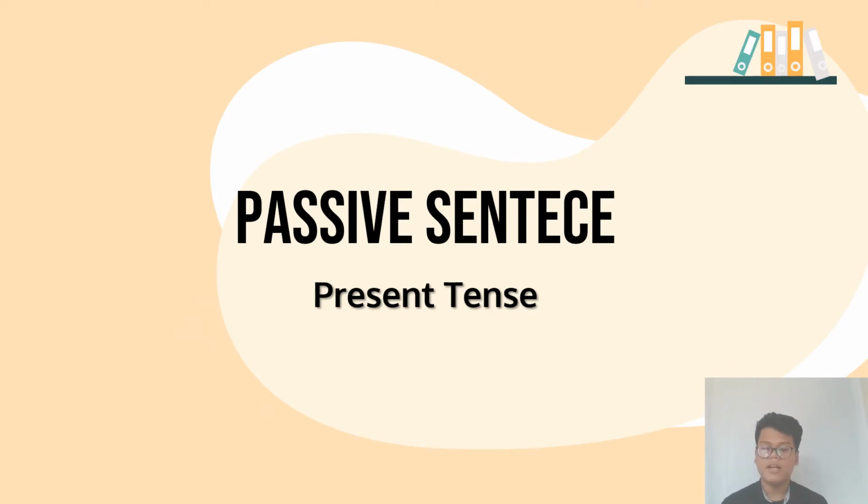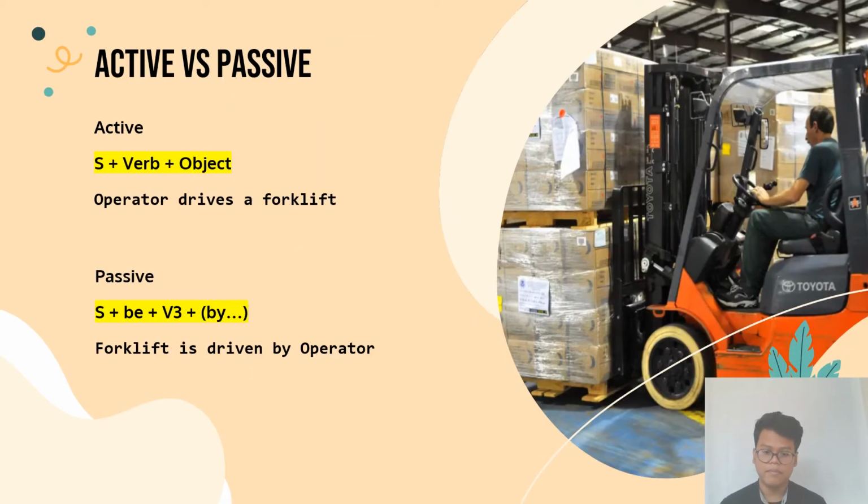Let's start to discuss passive sentence for present tense. The formula for a present tense active sentence is subject plus verb plus object. And the passive is subject plus be plus verb 3 plus by. The by phrase is optional. It's okay not to write by someone, or by her, by him.